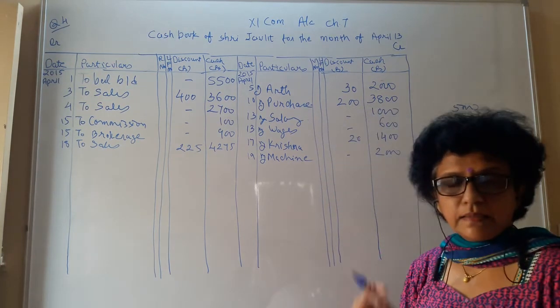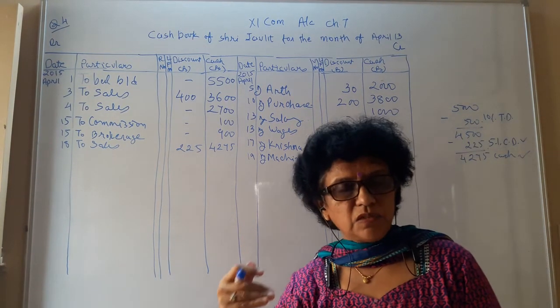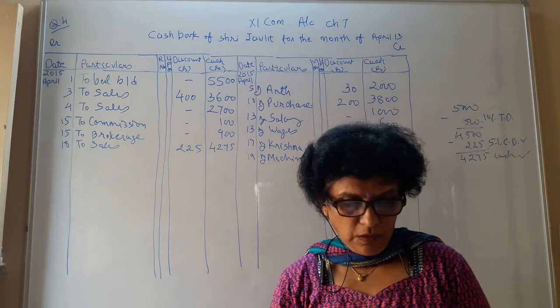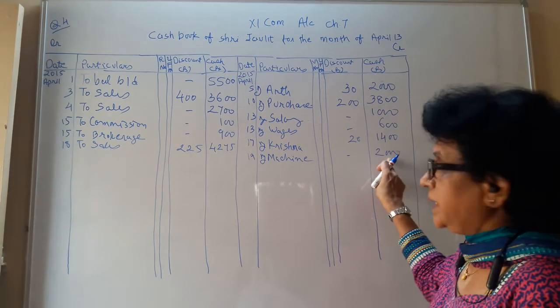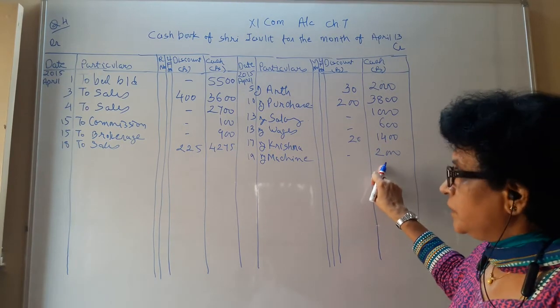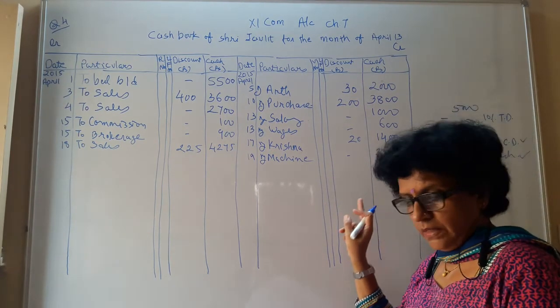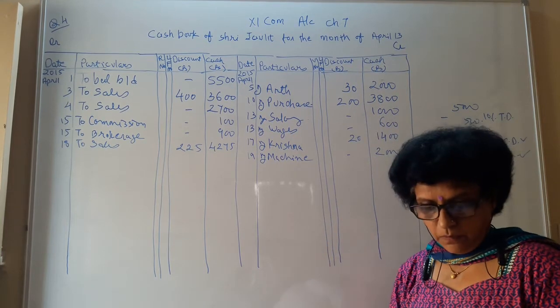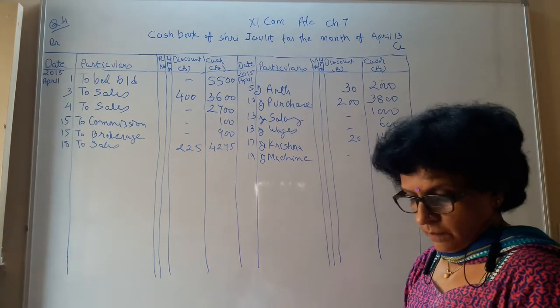It means that 6,000 is a credit purchase of machine. That particular 4,000 transaction will be recorded in the journal proper, and for the 2,000 transaction we are making cash payment. So here we record on the 19th.